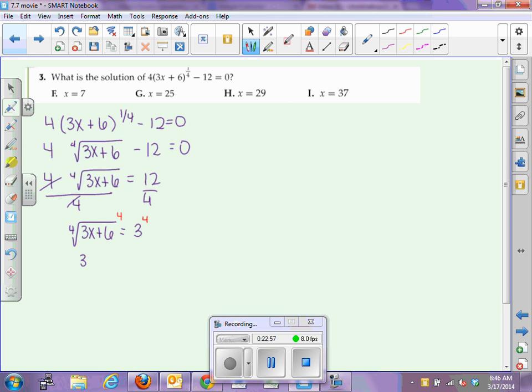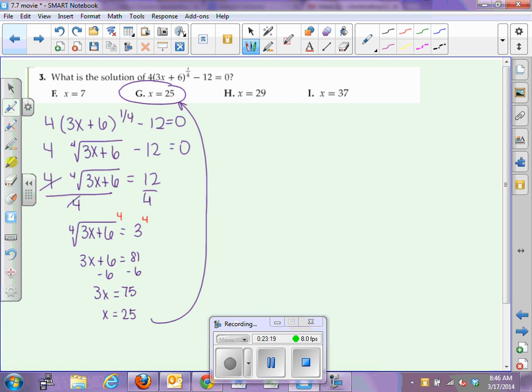That gives me 3x plus 6 alone. 3 times 3 is 9, times another 3 times 3 is 81. Subtract 6, 3x equals 75. So x is 25. And the answer is 25.